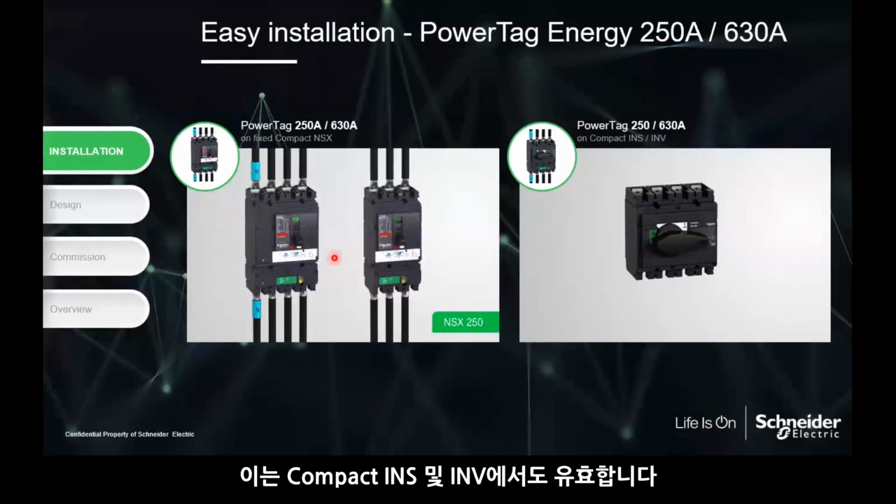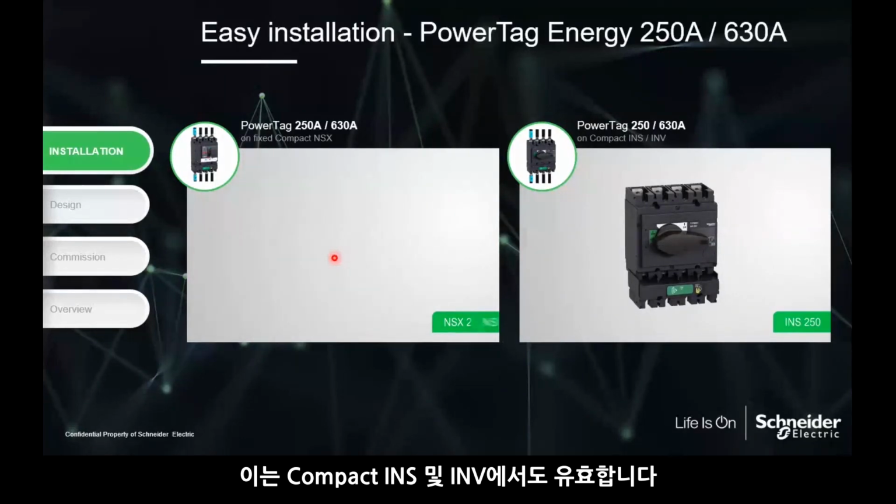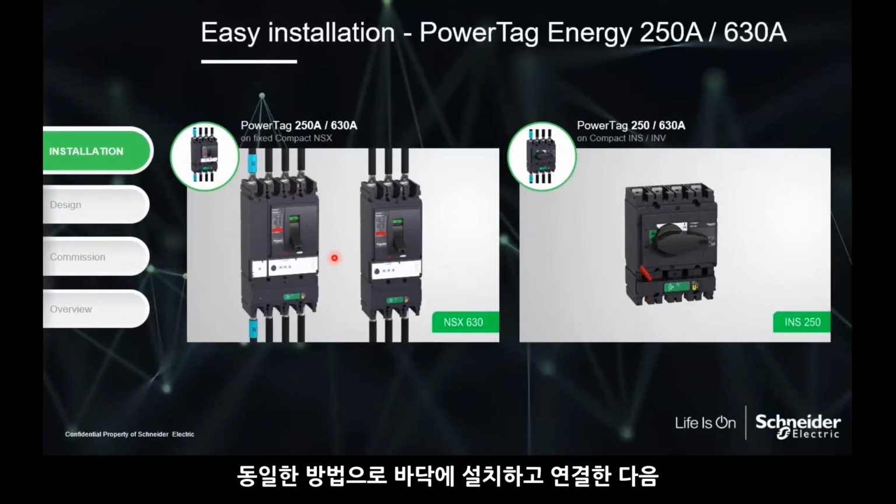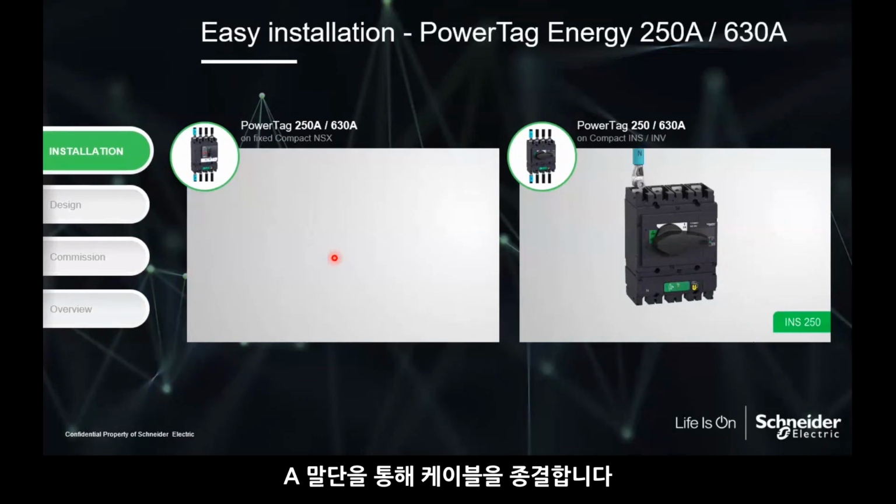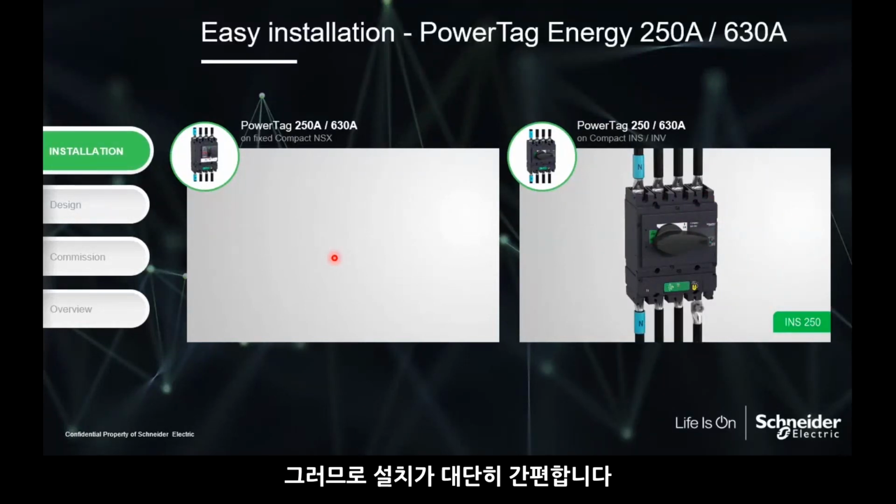It also works on the Compact INS and INV as well, right? The same methodology, put it at the bottom. Then you connect it, and then you just terminate the cables to the 8 terminals. So it is very easy to install.